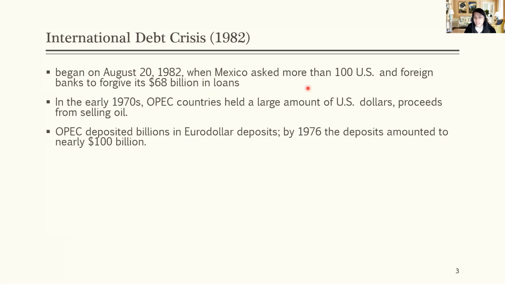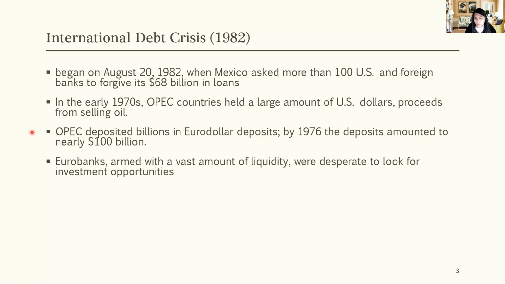So what they did was they deposited the money that they got from selling their oil into the euro-dollar market. So basically they're lending to international banks. So what it created was a big supply of deposits, or a big supply of money that the banks were desperate to invest, okay?